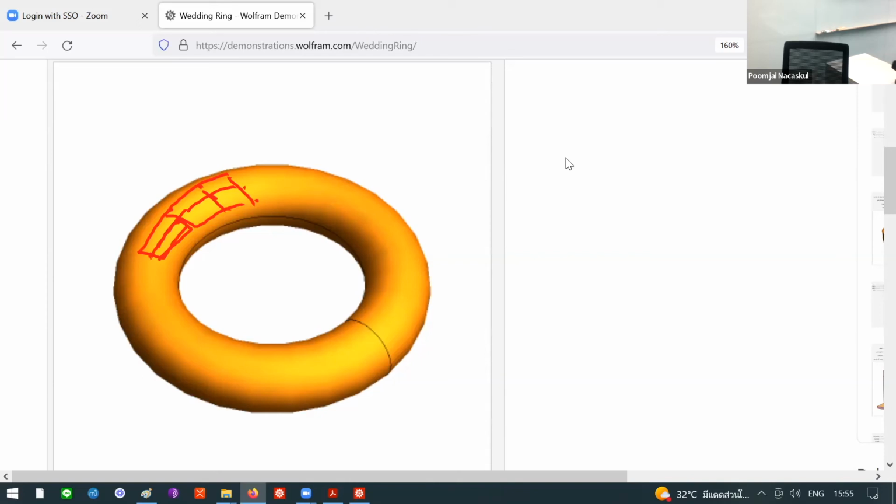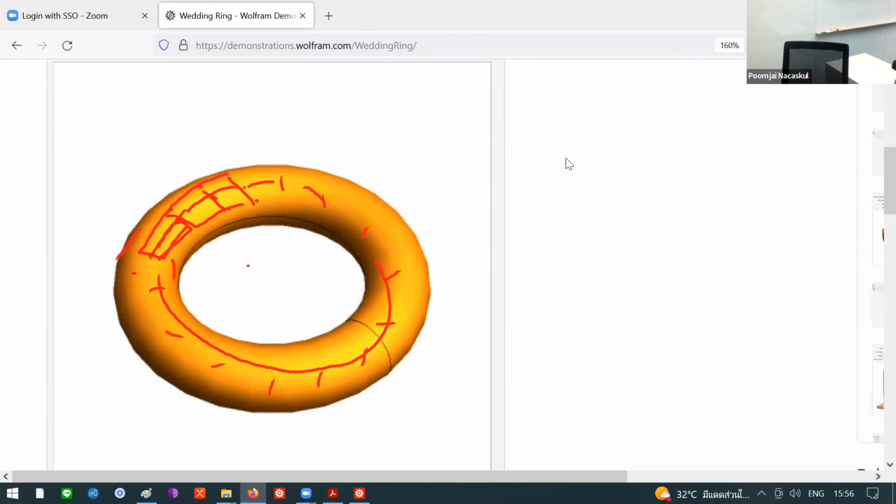Now watch this. What if I do this all over the torus, and it has 20 marks going around, and I have 10 points the other way?